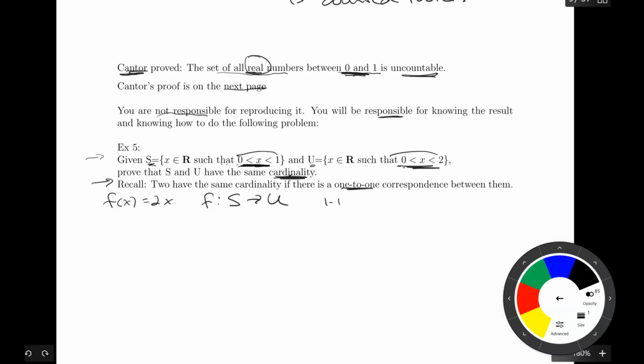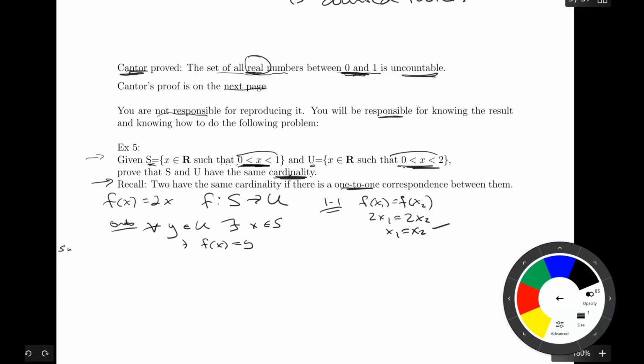So is it 1 to 1? How do I show it's 1 to 1? I just have to show that if f of x1 equals f of x2, then x1 equals x2. Check. Okay, so the onto is a little bit more work. Onto says, and you always have to state what you're showing, that for every y in U, there has to exist an x in S such that f of x equals y.